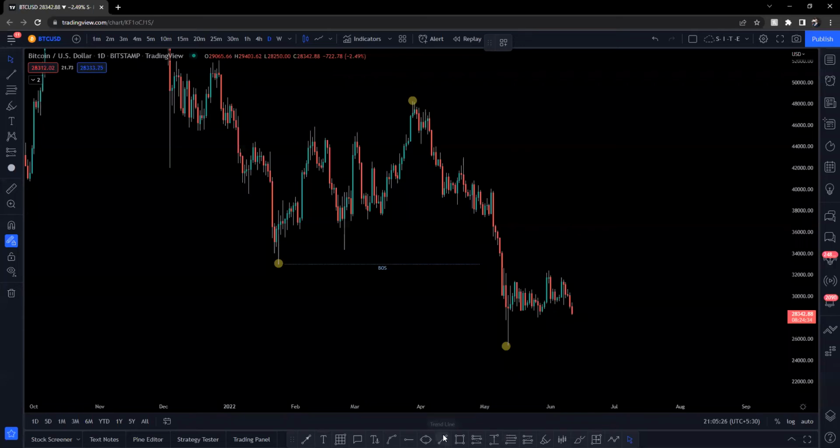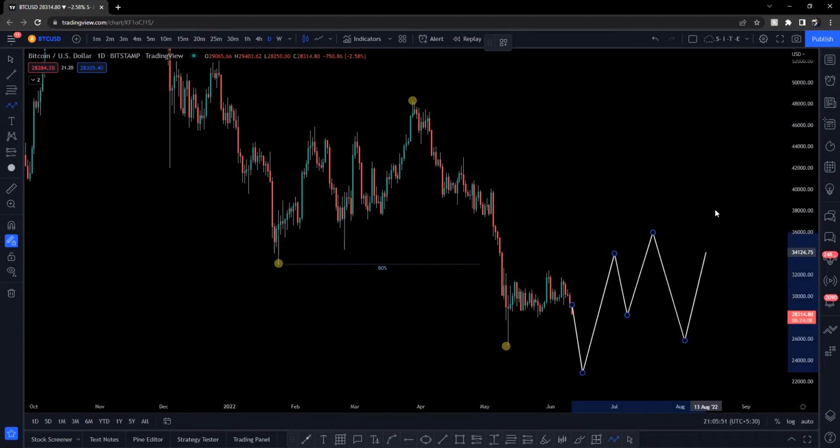So what we can expect here: we are expecting price to go more lower and then push higher. Let's draw this. First push downside and then push higher, like this.